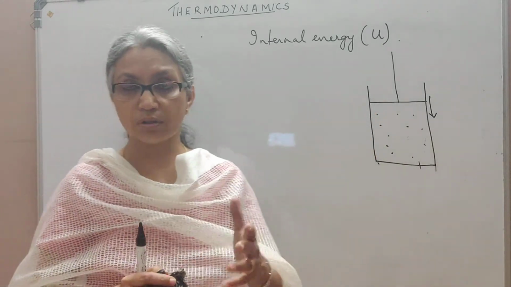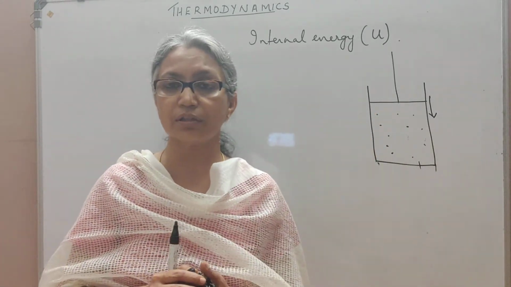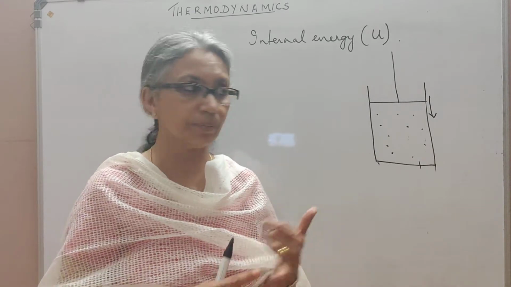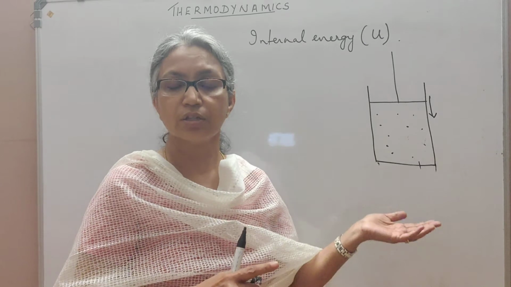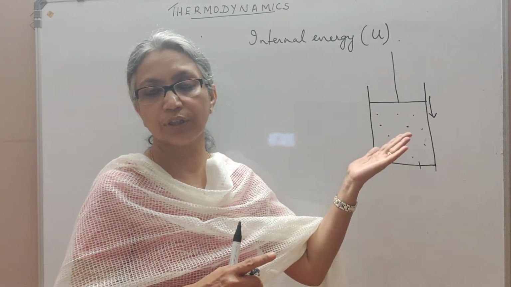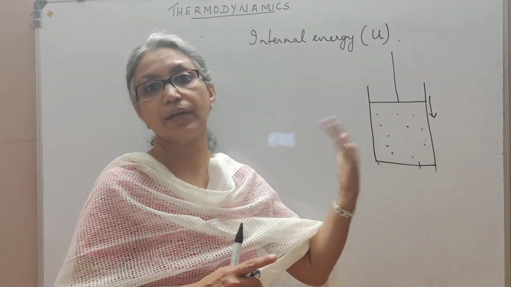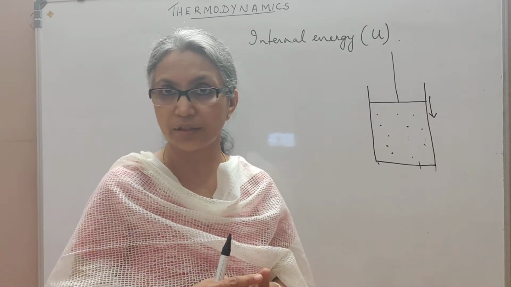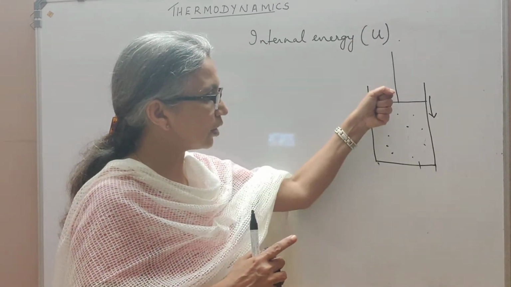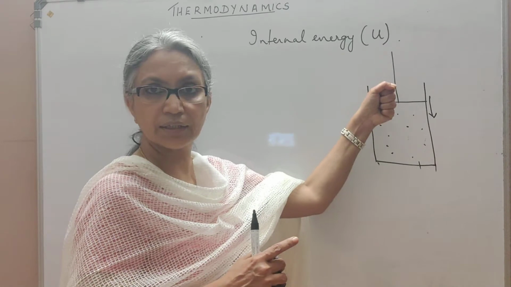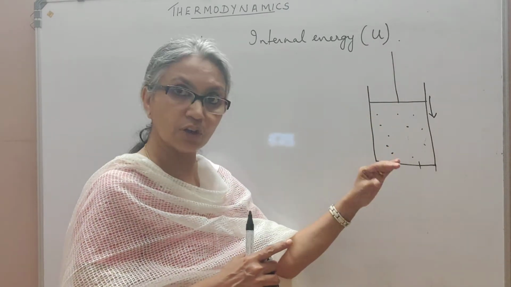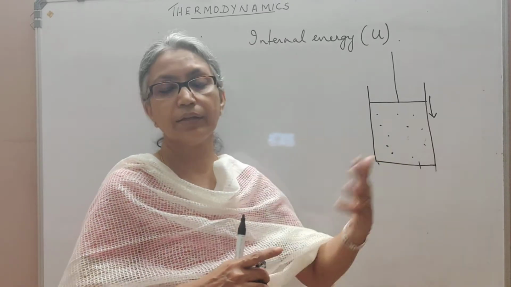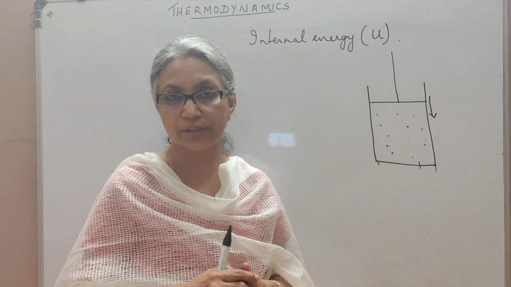So the two modes in which you can change the internal energy of a system are either by bringing it in contact with a body at a higher temperature, so that heat is transferred to the gas, thereby increasing its internal energy, or by pushing the piston down, doing work on the gas. As you do work on the gas, you're decreasing the volume, thereby increasing the pressure, and thereby increasing the internal energy of the system.